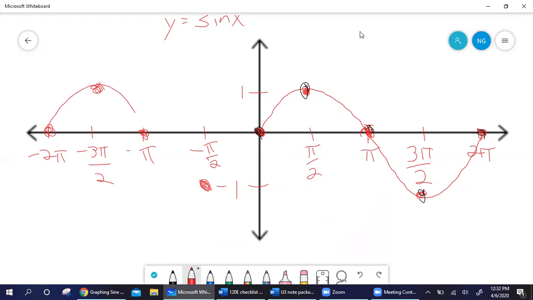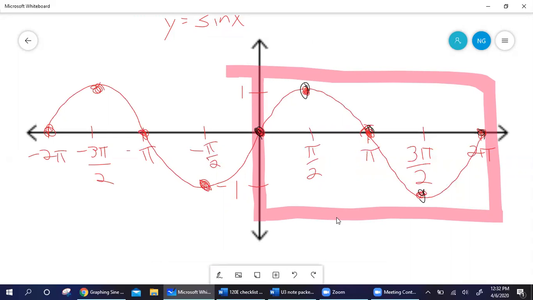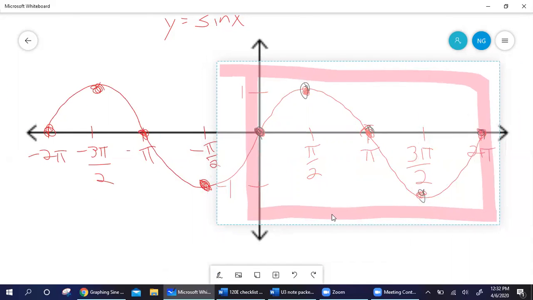And I basically just get another cycle of sine. So sine itself takes a distance of 2 pi to complete one snapshot, if you will, of sine. Notice that it's just the exact same snapshot over here. So this image just repeats itself every 2 pi distance.